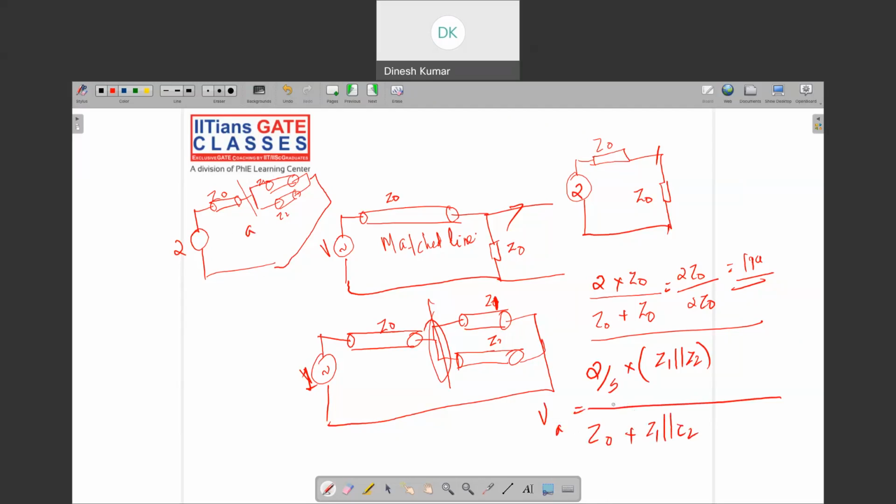These are very simple and straightforward things. You should remember the Thevenin equivalent part. If you solve this, what you get is 2E, where E is the voltage of the surge, divided by Z1 divided by 1 by Z1 plus 1 by Z2 plus 1 by Z2.